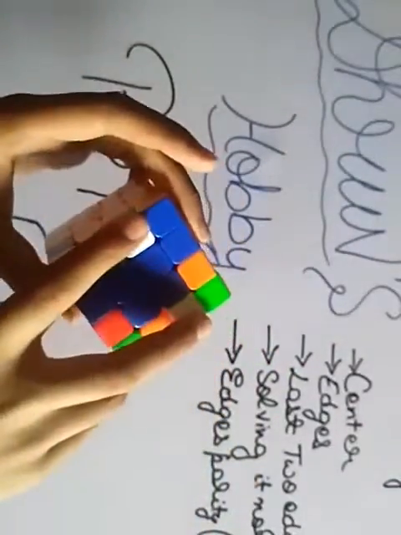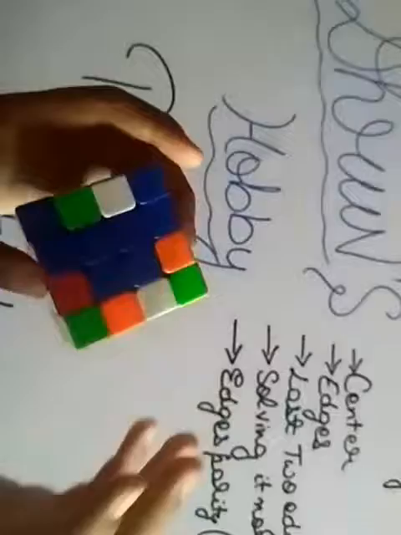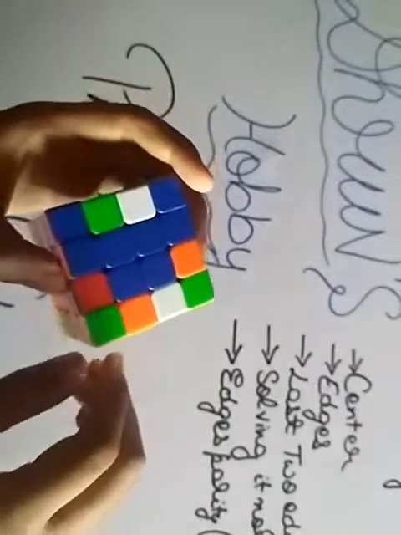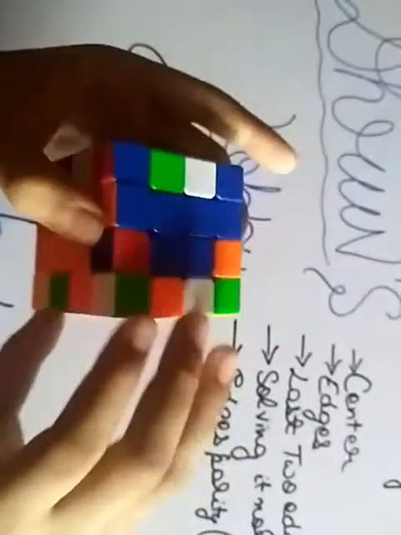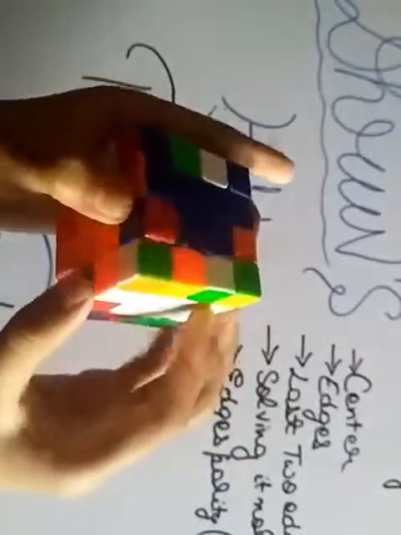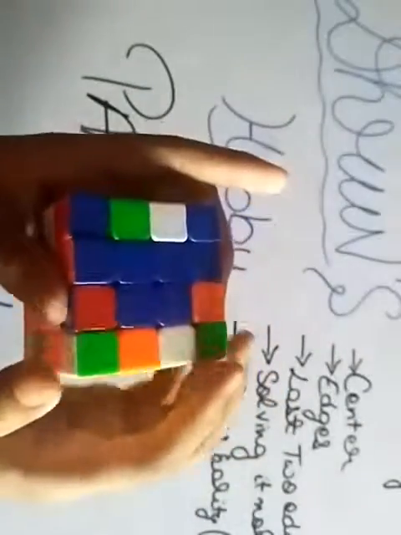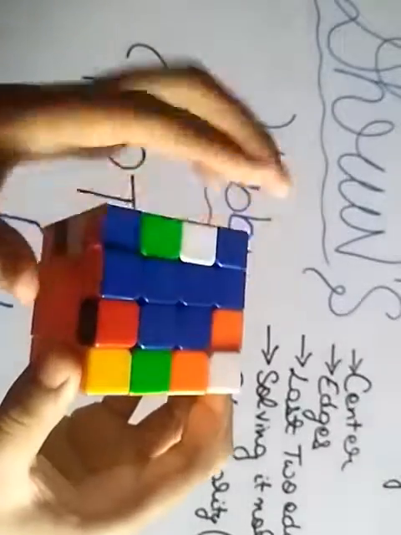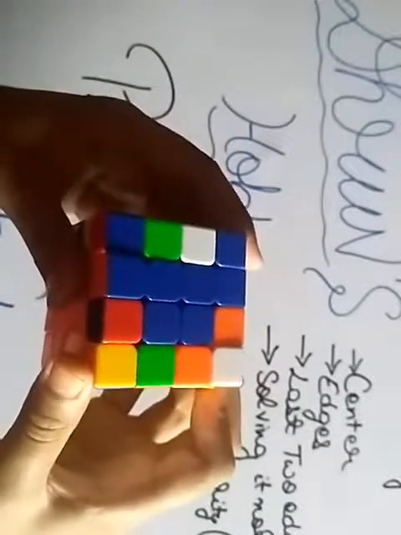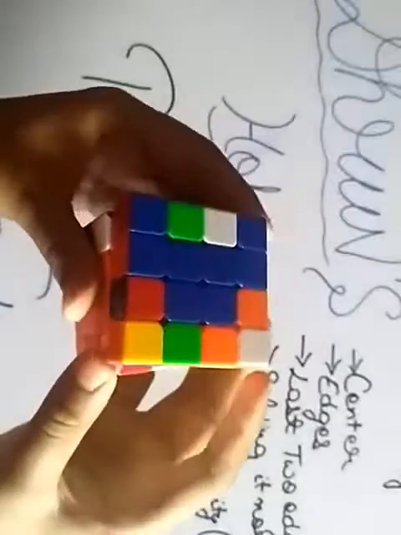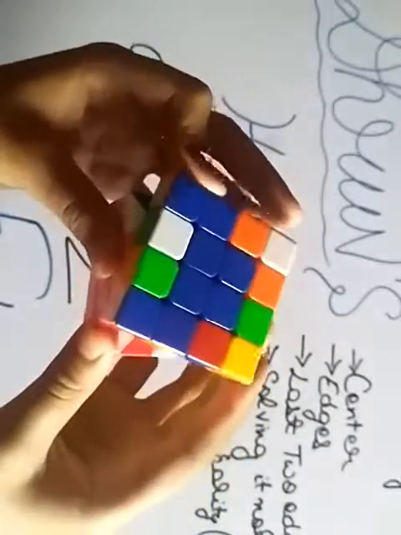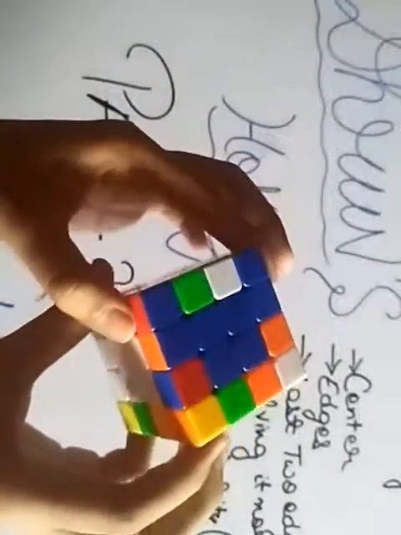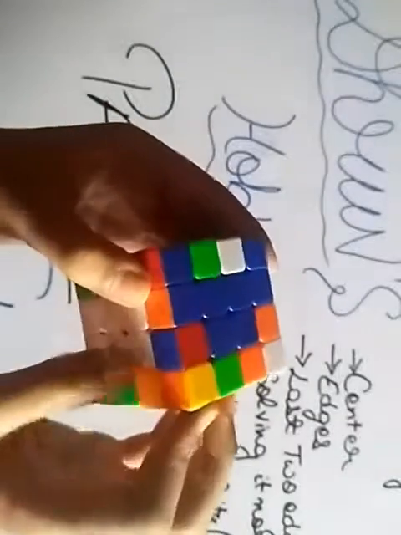I told you when it is over here, you have to do this formula. I'm just gonna tell you. First, move the right layer, this one, which is the right outer layer, upwards. Then U layer like this, U prime. Okay, U prime, and turn the cube also like this.